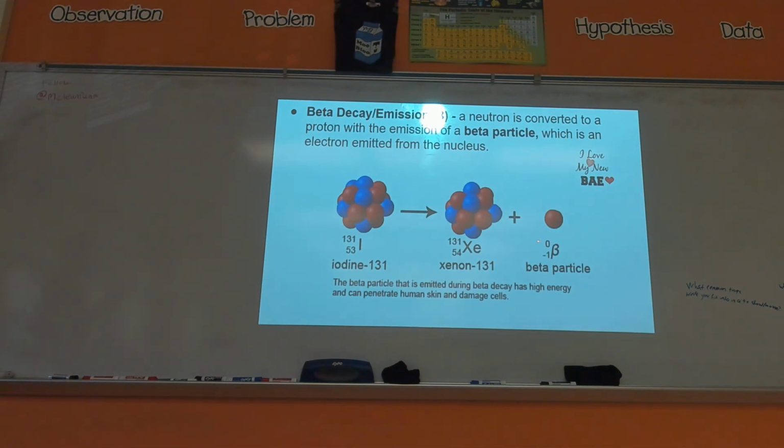A beta particle has a mass of 0, and for the atomic number, they have a -1. Why would you have 0 and -1 for a beta particle? Any thoughts? Think back to second class, the parts of the atom. Perfect.